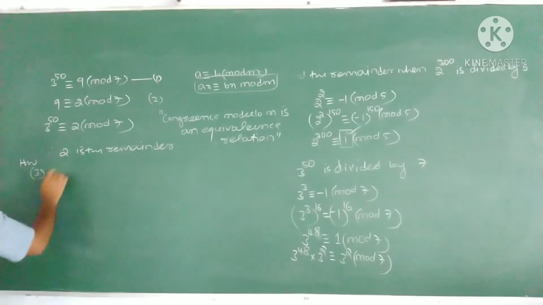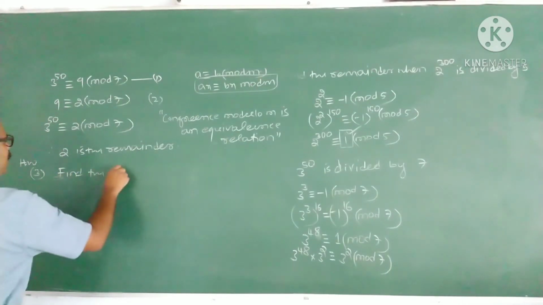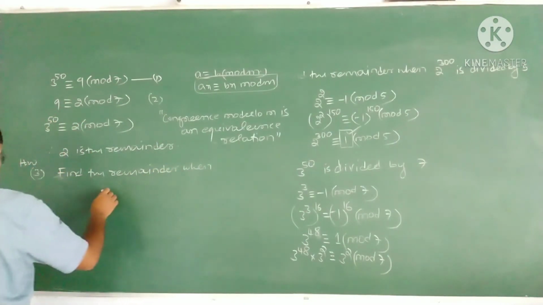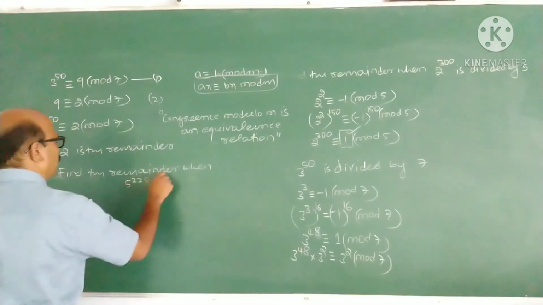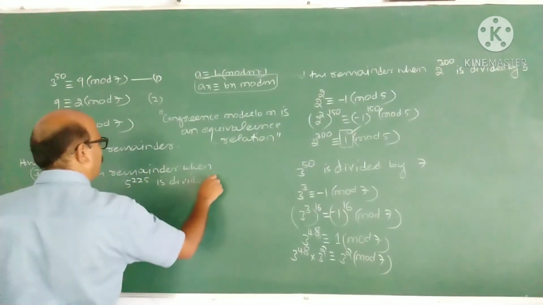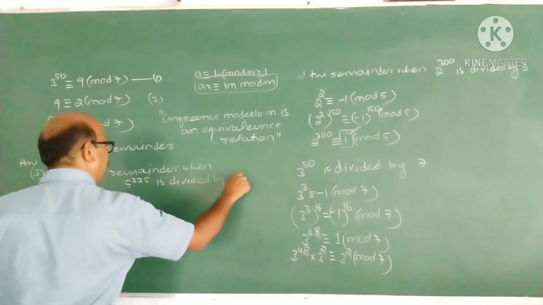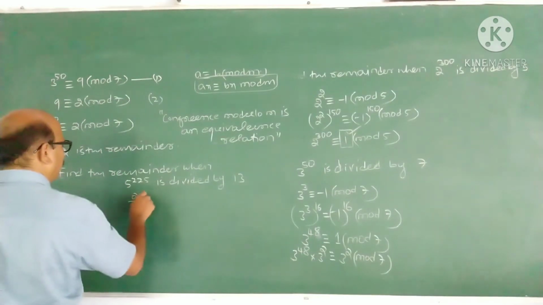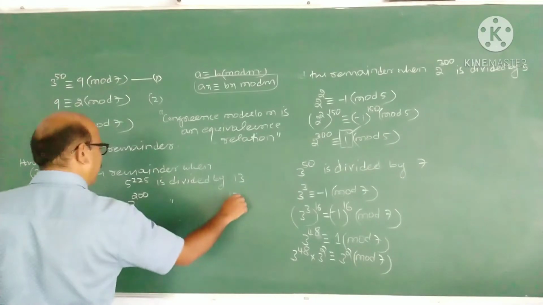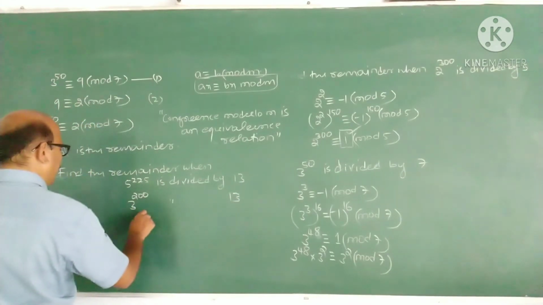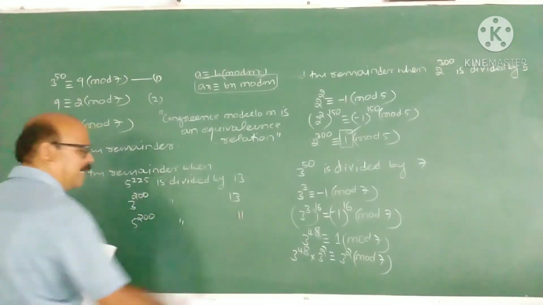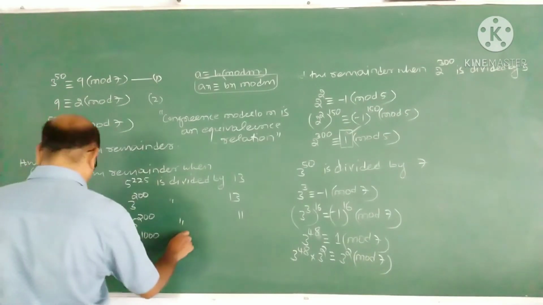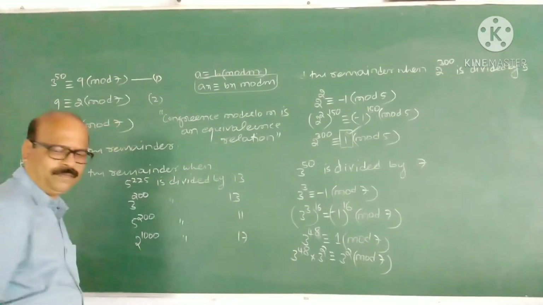Find the remainder when 5 raised to 225 is divided by 13, and 3 raised to 200 is divided by 13, 5 raised to 200 is divided by 11, and 2 raised to 1000 is divided by 17.